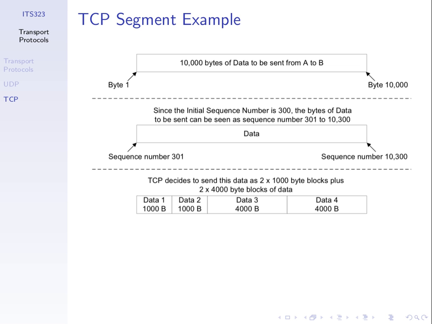The next value expected is 301. That's in the connection setup, the first phase. And then when A sends data, the sequence number of the first piece of data it sends will be 301. Okay? The initial sequence number plus 1.